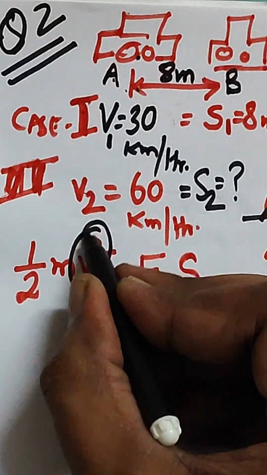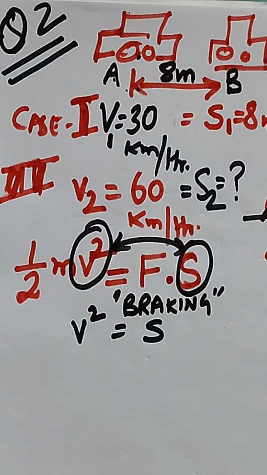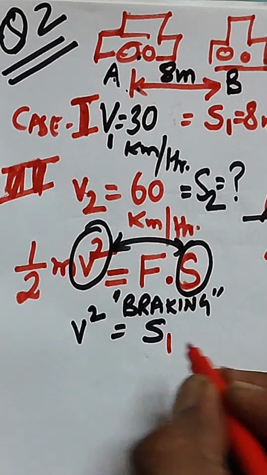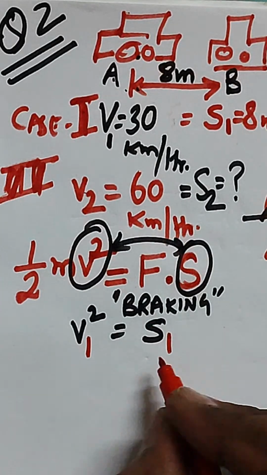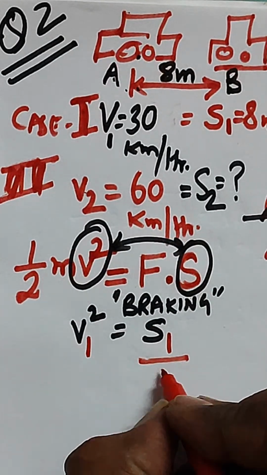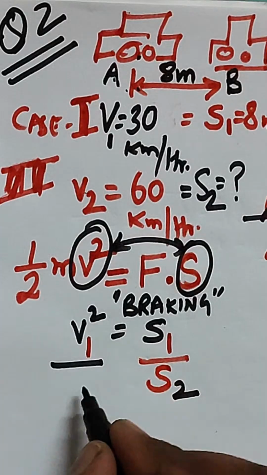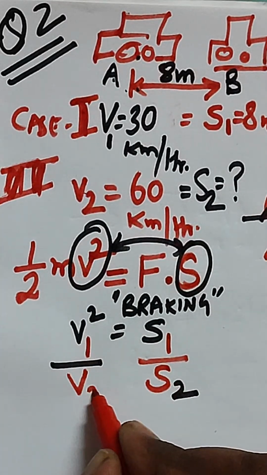You can see this relation between v square and S. Then definitely if S is S1 and V is V1, then their corresponding ratios will also be the same. That means S1 by S2 will be equal to V1 by V2, and square.